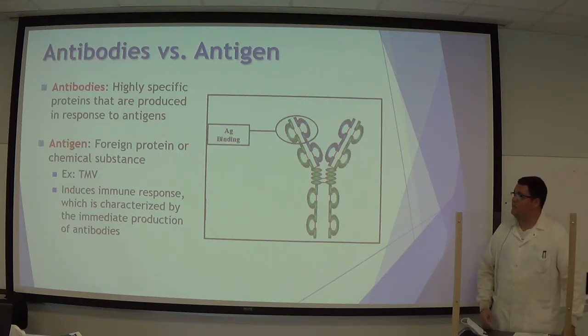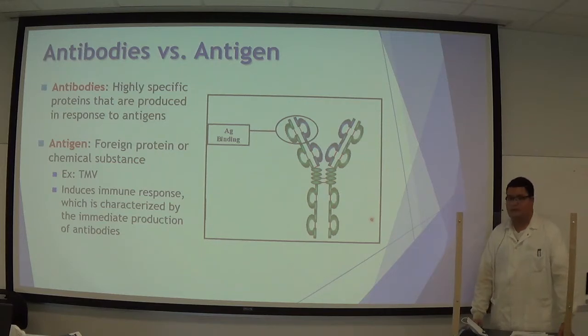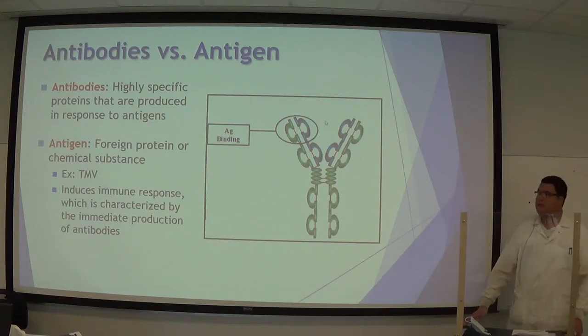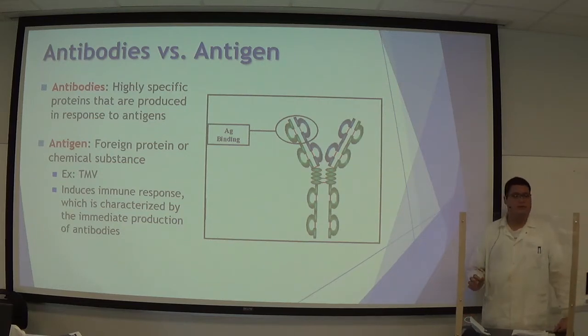So they're highly specific in what they can detect. If you guys have taken biochemistry, you'll know that you got a light chain and a heavy chain. You guys don't need to know what that is for this class. All you need to know is that they're kind of Y-shaped, and the prongs are the site which binds to the antigens. These are the sites that recognize the antigens. The reason they can recognize it is because each antibody, as I mentioned, is specific.